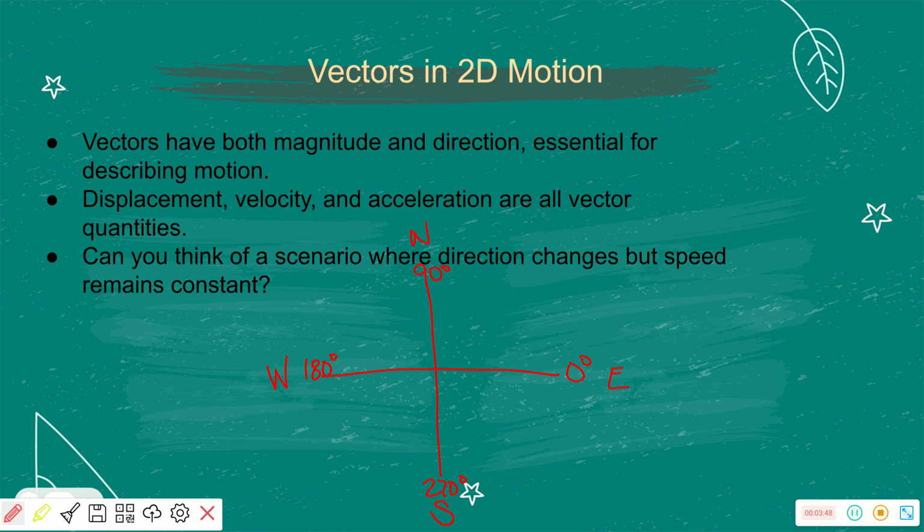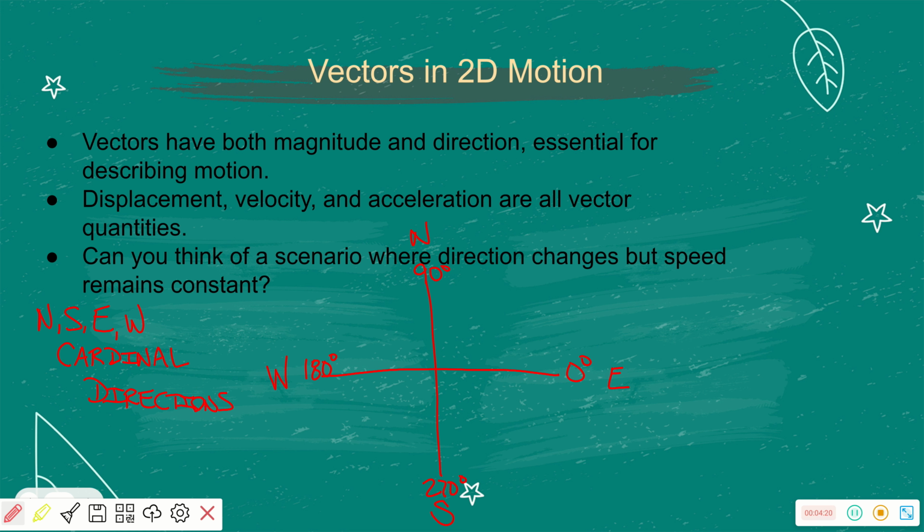Do you know what north, south, east, and west are called? They are directionals. They're called the cardinal directions, or directionals, because they're the main ones.